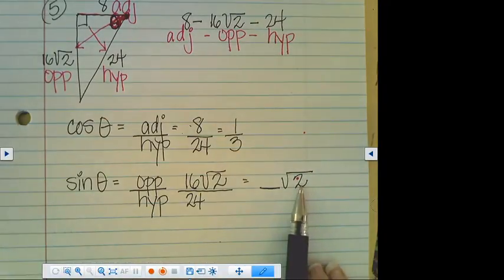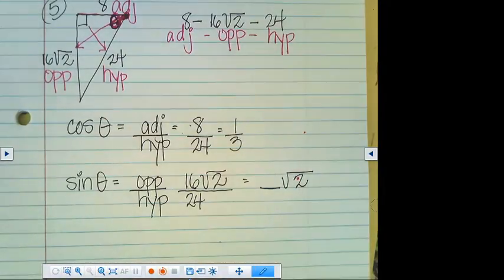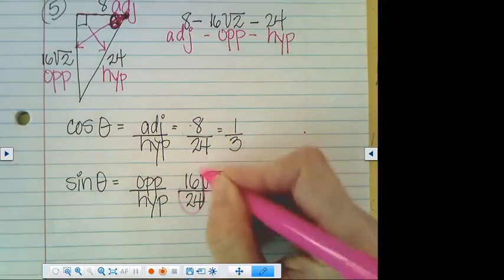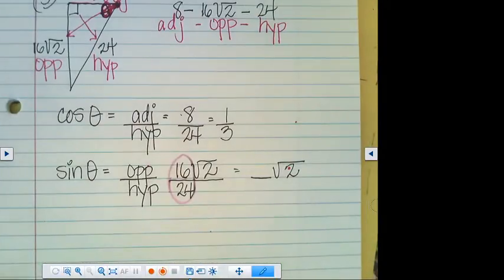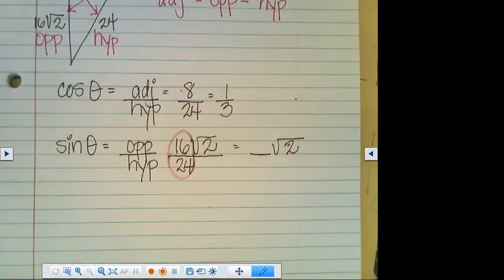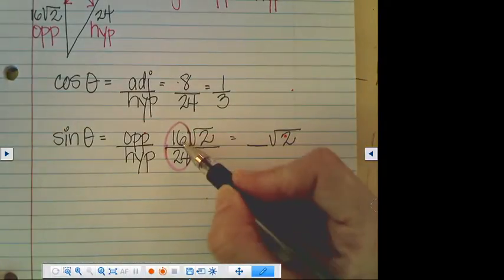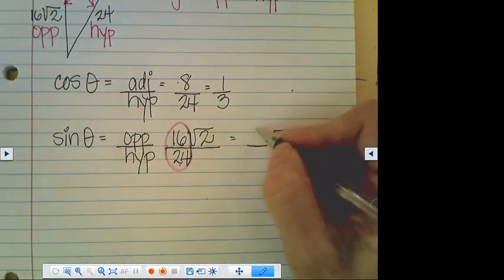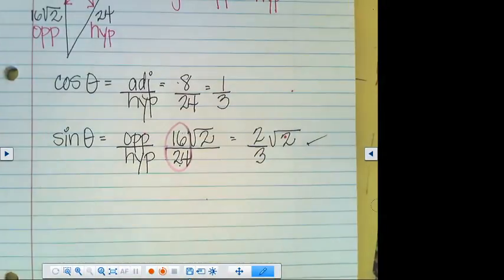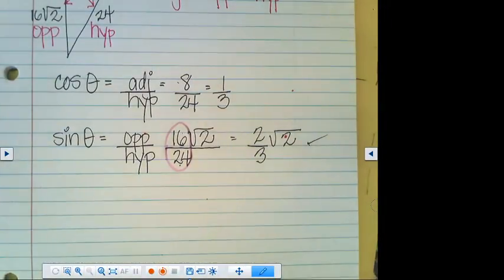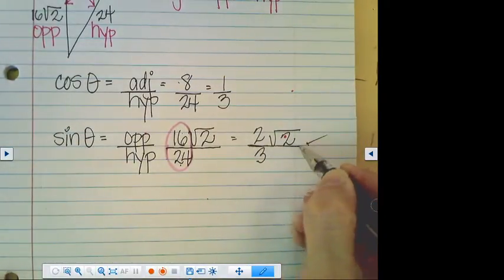But we need to reduce the fraction. 16 over 24. Top and bottom are both divisible by 8. The largest number we can divide into 16 and 24 is 8. Divide by 8. Divide by 8. And we get 2/3. Good job. So 2 square roots of 2 over 3 is that answer. All right. Good job.